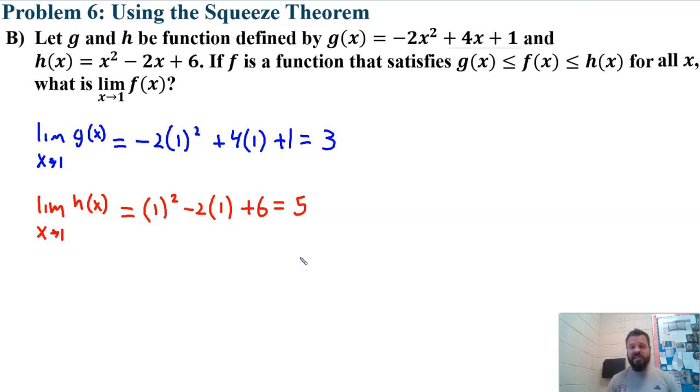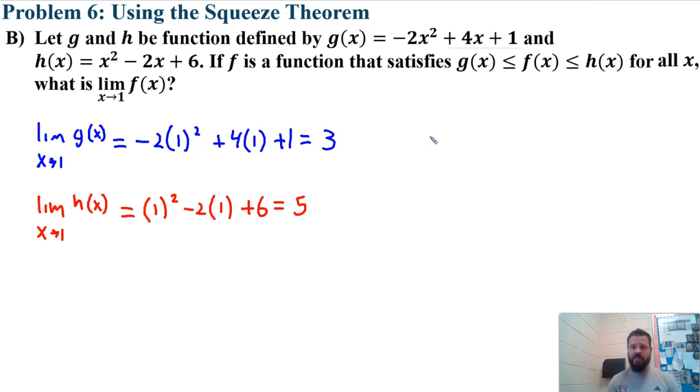Now in this case, since I didn't get the same limit for both these functions, we know that f, since it's always above g but below h, will squeeze between them. So it'll be greater than 3 and less than 5, but we can't actually figure out what that limit for f of x is.